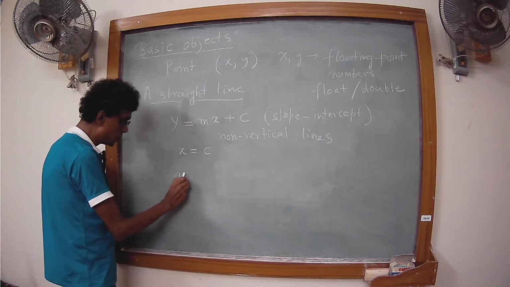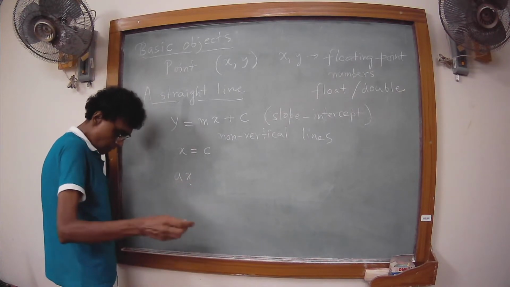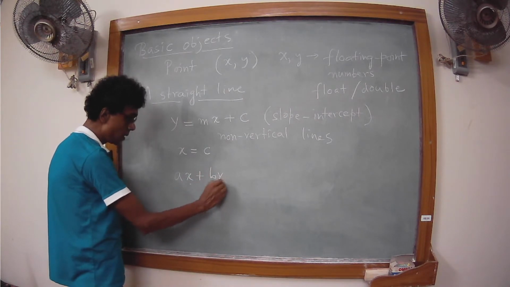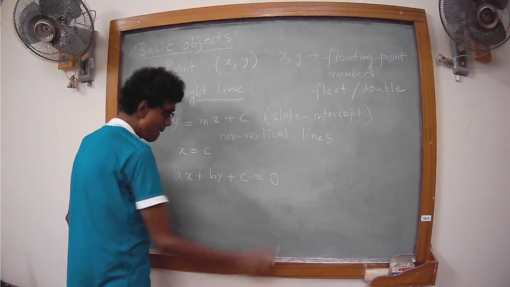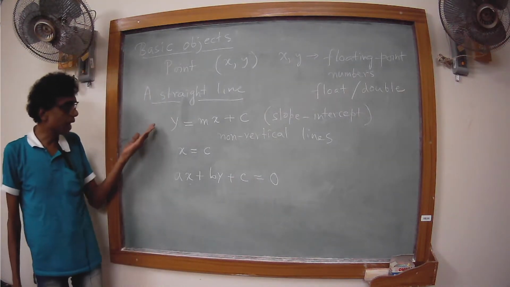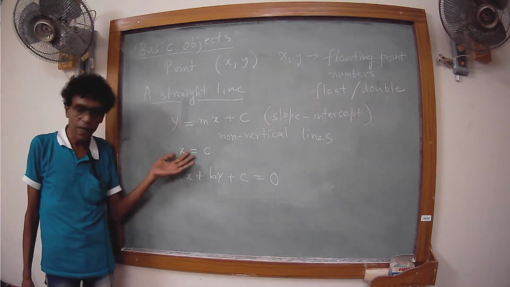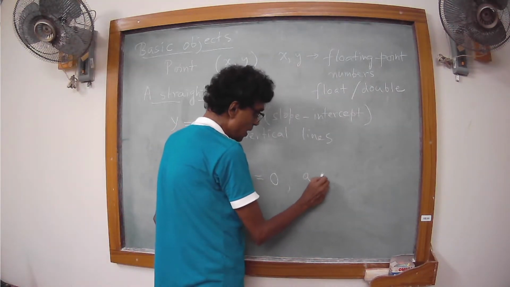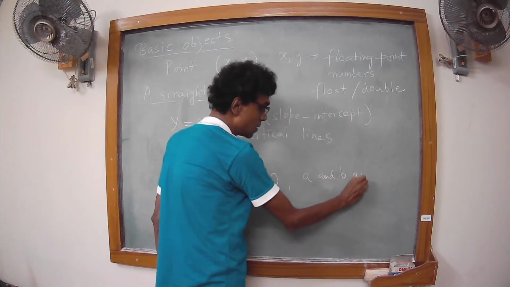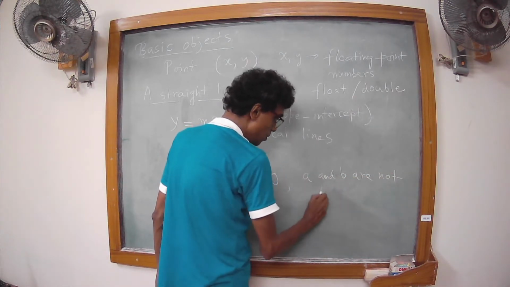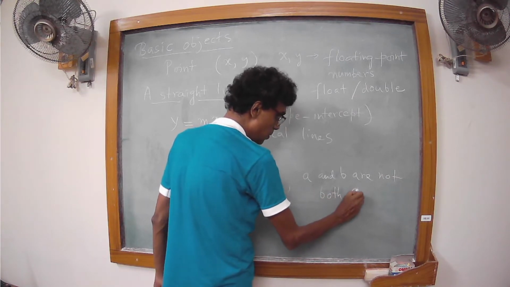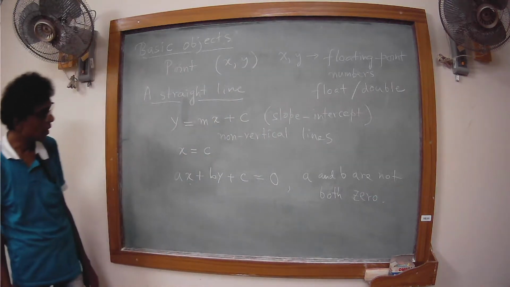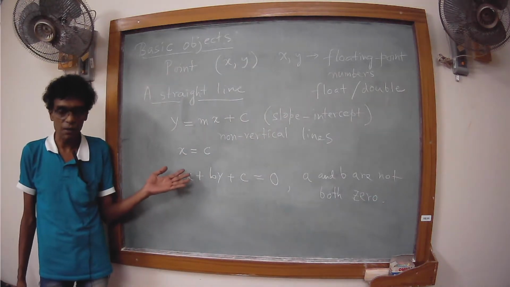I can also do, this is the better representation, which can capture both this type of lines and this type of lines. Okay, so here of course I assume that A and B are not both 0. One of them can be 0, but they cannot be simultaneously 0, otherwise it's not an equation at all.